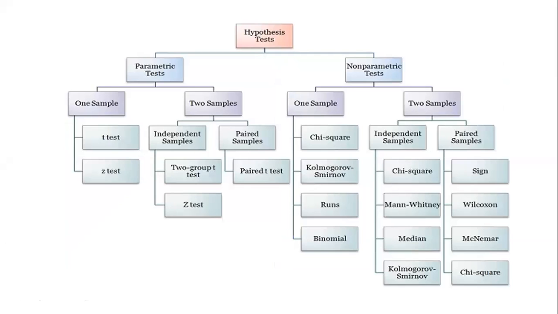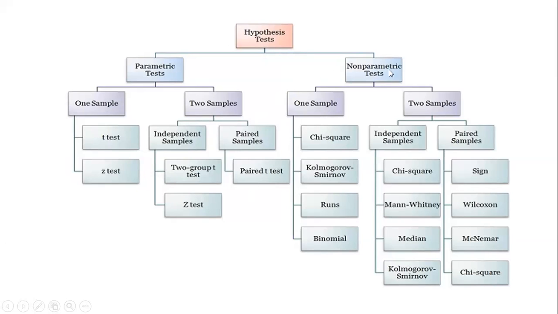So in this picture I will explain the non-parametric and parametric tests that we use to test our hypothesis, right? For parametric tests, if you have one sample in your research, we go for the t-test or Z test. If you have two samples, we go for the independent samples t-test, Z test, or paired t-test. All are parametric tests.